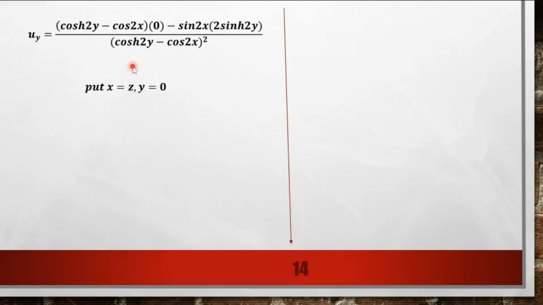Tell me what will be uy. अगर मैंने x को z पुट किया और y को 0 पुट किया तो क्या बचेगा आंसर? What is the value of uy at the point z comma 0?